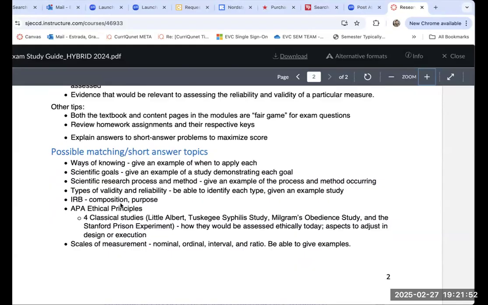And in the short answer, make sure that you are explaining, right? That way I can give you partial credit. If all you do is a really short, 1 or 2 words, and if it's wrong, then I can't really do anything for you. So you want to make sure you explain all your answers in the short answer part.